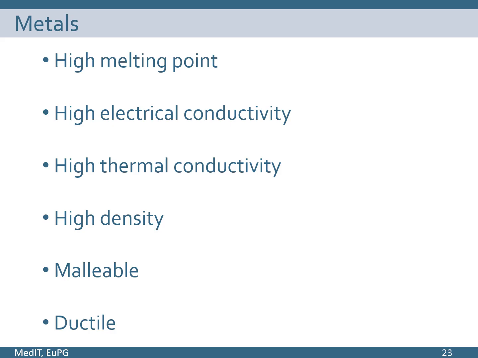You saw this in the previous slide. Second, the atoms are held together by strong bonds, which also contributes to a dense structure. And third, the atoms themselves, gold, silver, copper, iron, are already quite heavy. So these three factors combined explain the high density of metals.